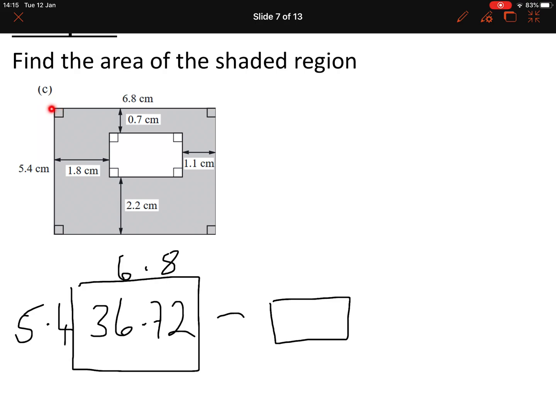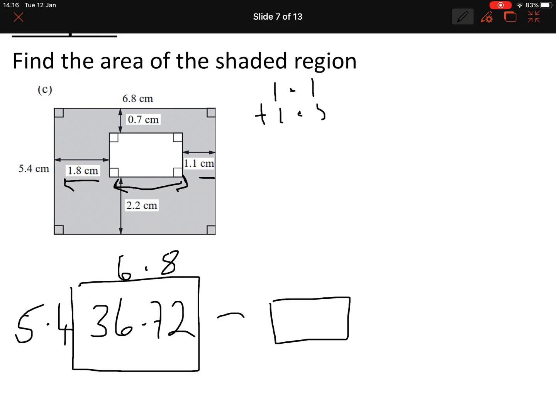Let's first of all find the width. The width is going across. Going from this corner to this corner is 6.8. Going from this bit to this bit is 1.8. This little bit next to the rectangle is 1.1. So 1.1 plus whatever the width of the rectangle is plus 1.8 will give you 6.8.